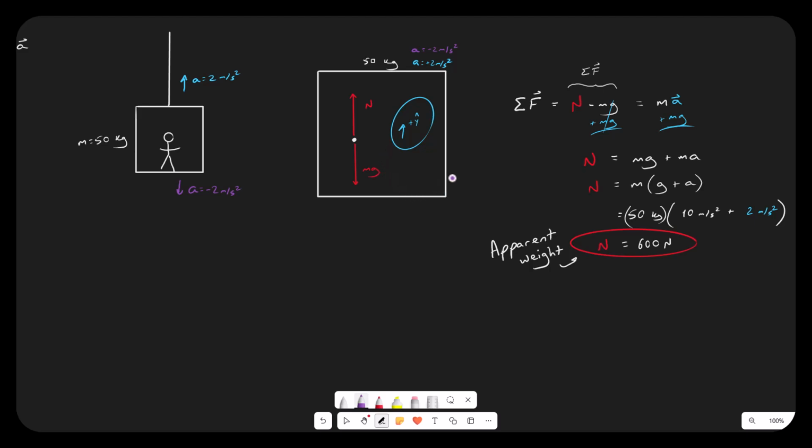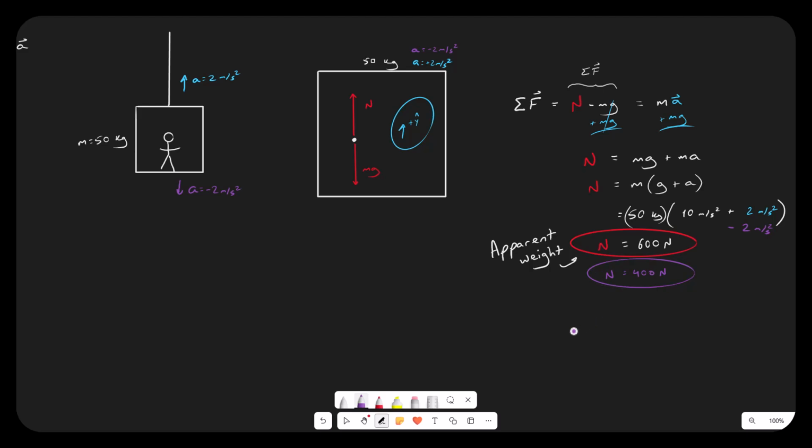The only thing that changes through this entire thing is that the acceleration, the vectors stay the same. The acceleration is just -2 meters per second squared now. So this will be a -2 meters per second squared instead of +2. 10 minus 2 is 8 times 50. That's going to be 400 newtons.